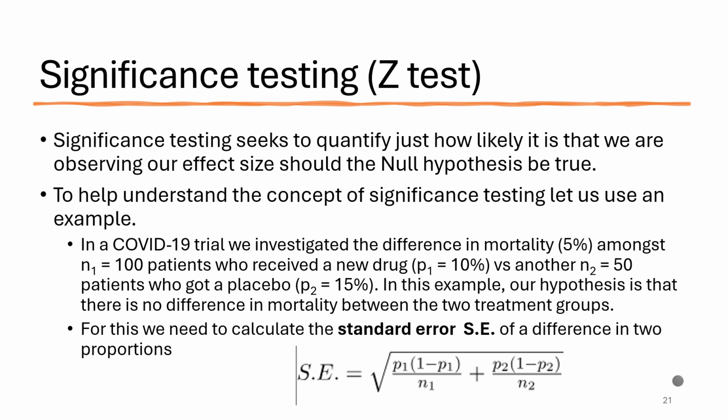So significance testing, and here we're talking specifically about z-test. Now, don't let the term z-test frustrate you. If it's new to you, don't let it scare you. There are different kinds of testing in statistics. You have things like f-test, t-test, z-test, chi-square test.